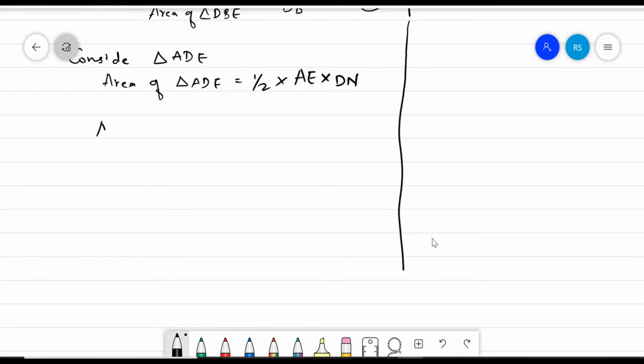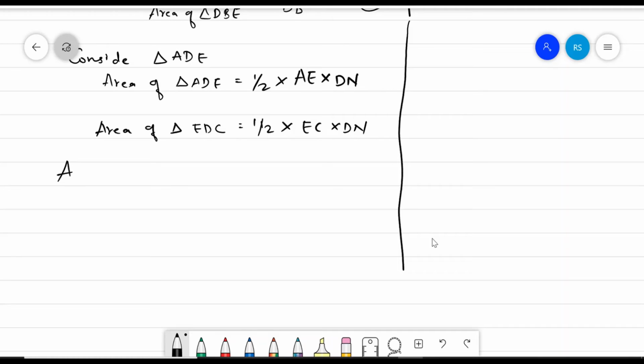So area of triangle EDC is half into EC into DN.